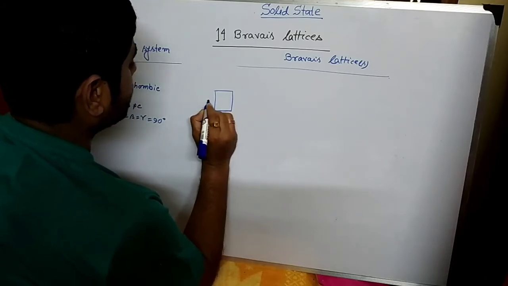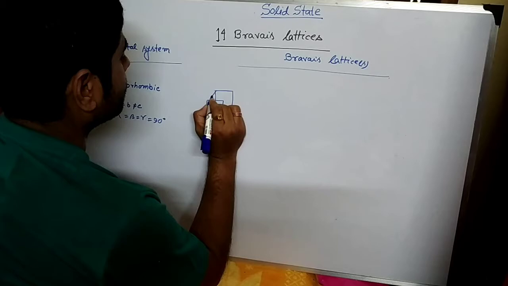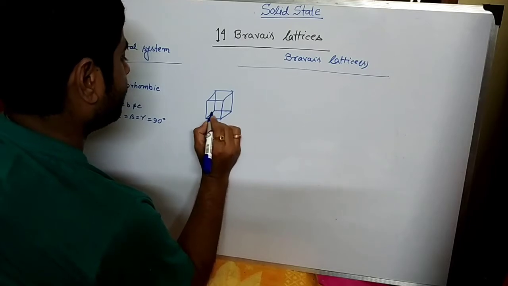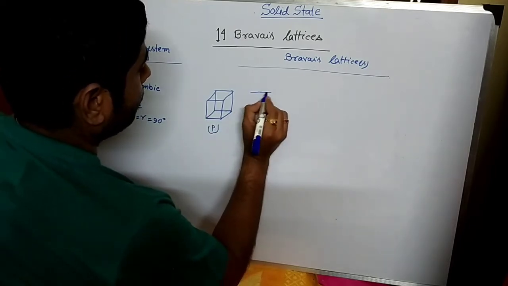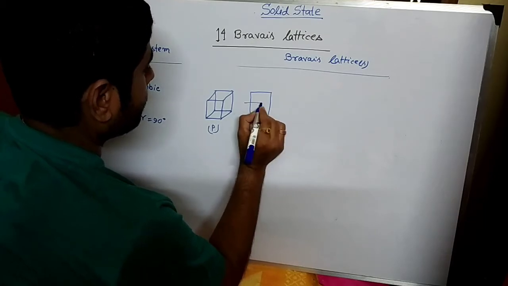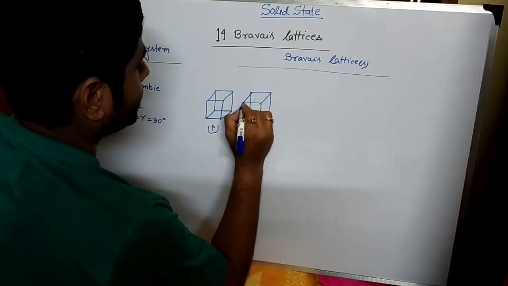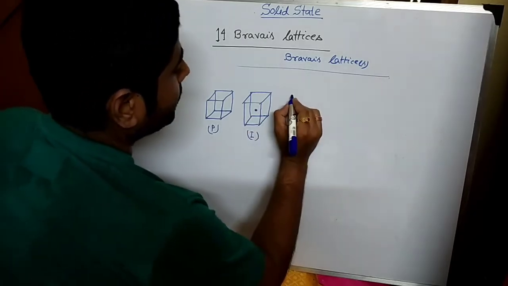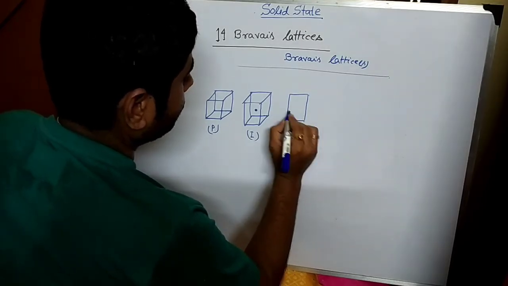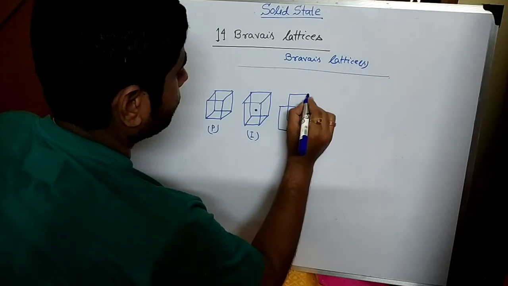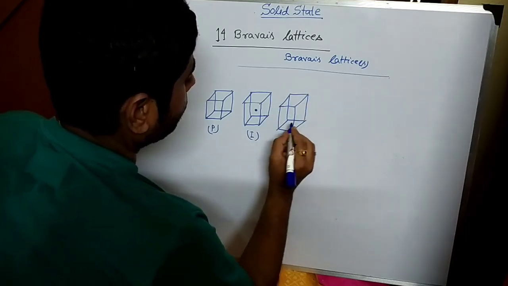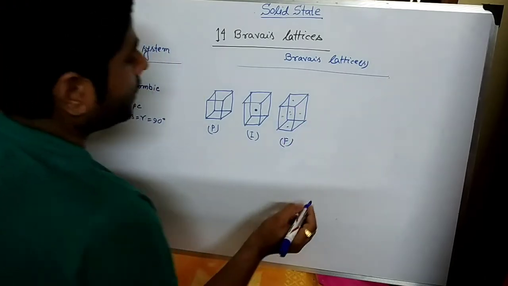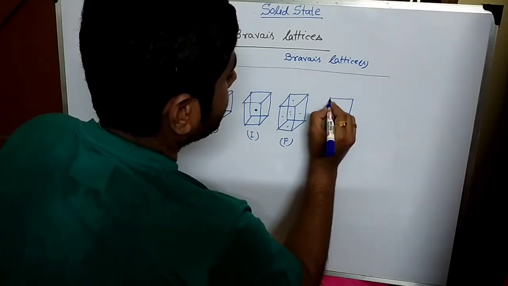For orthorhombic we will get all four Bravais lattice systems: primitive, body centered, face centered, as well as the end centered.